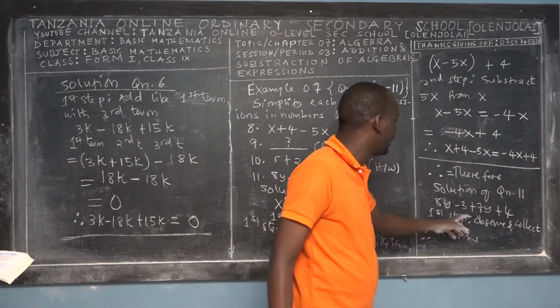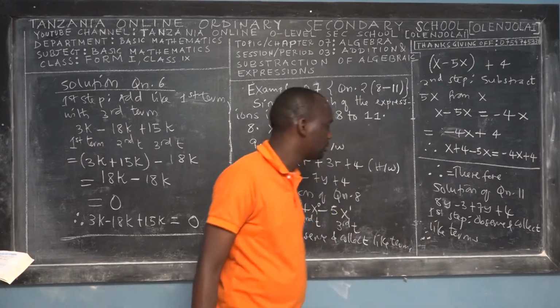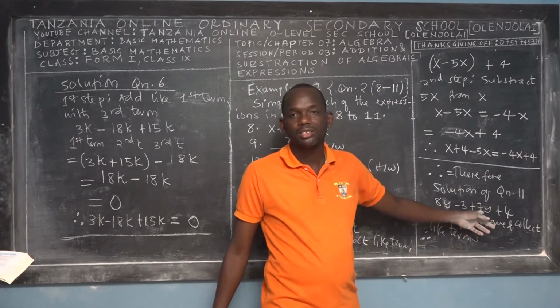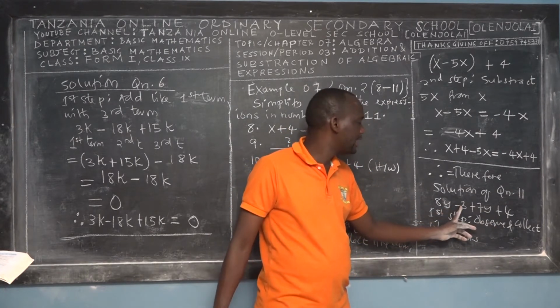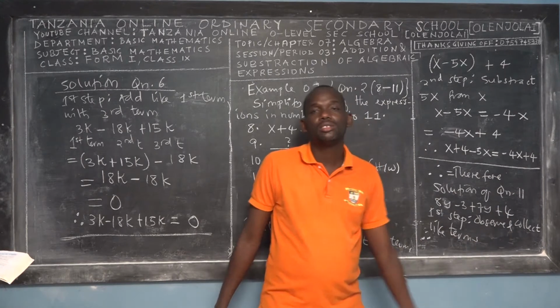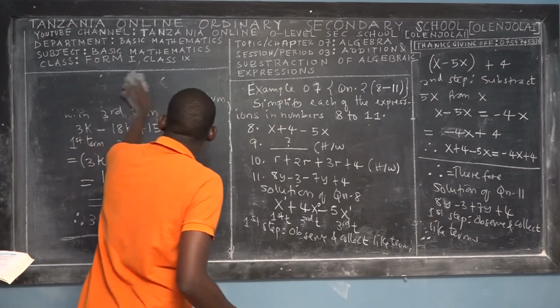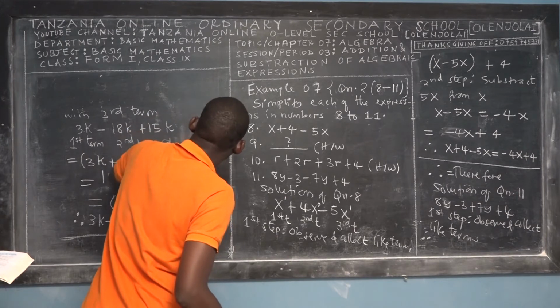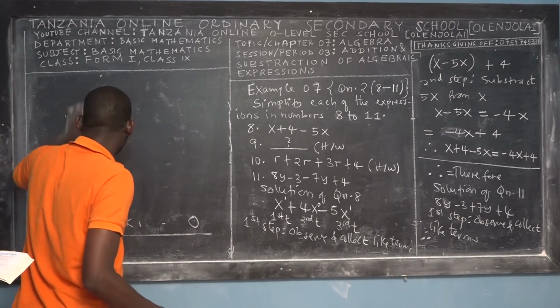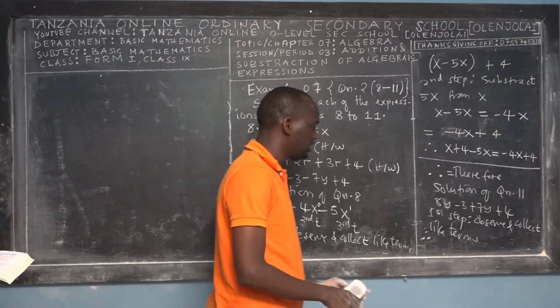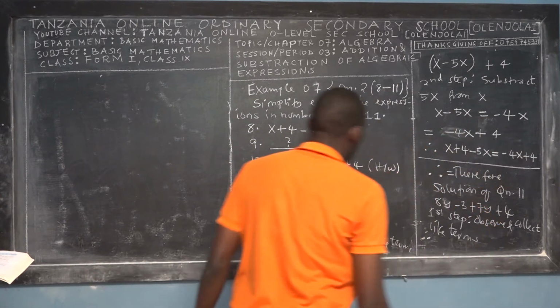But we have 2 like terms and 2 like terms. So the first term is like the third term, and the second term is like the fourth term. Term ya kwanza inafanana na term ya tatu. Na term ya pili inafanana na term ya nne. Kwa hiyo tunaziweka pamoja, ndio maana collect ni zikusanye pamoja.